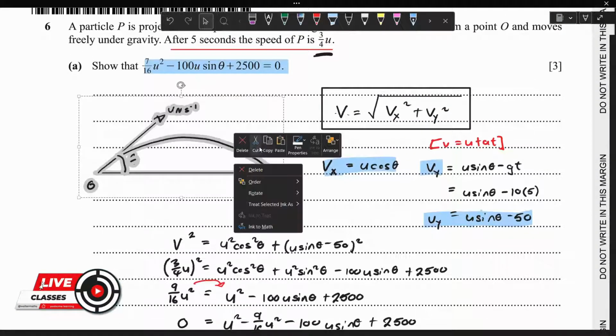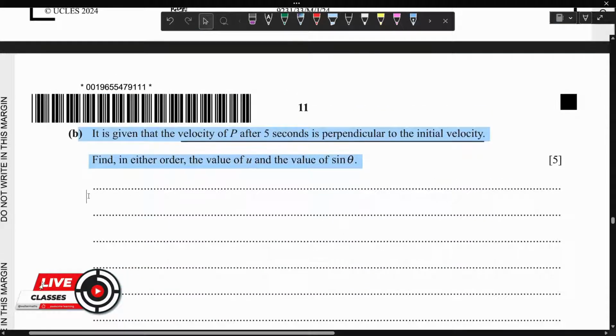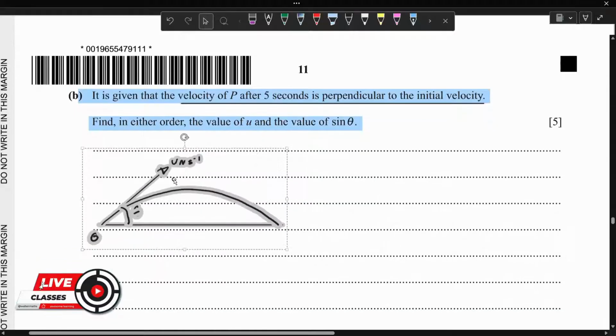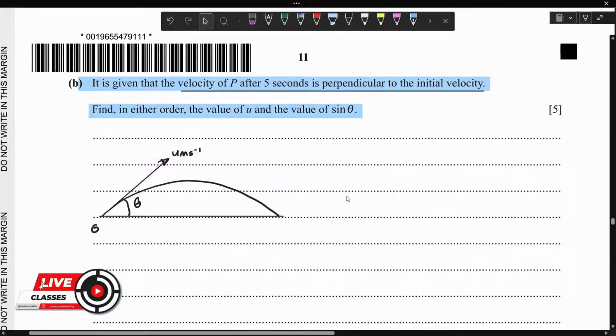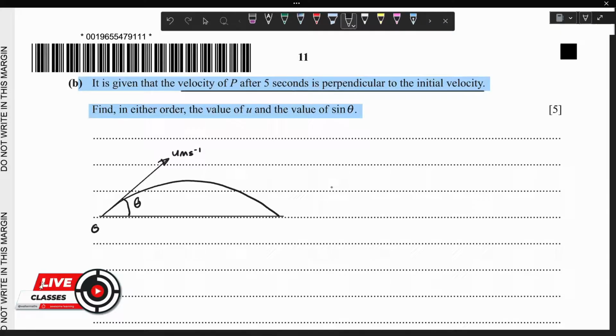So I'll take the sketch here and place it right here. Now the direction of the velocity after 5 seconds. Maybe the particle was here, just as an example for illustration purposes. So let's say it was here after 5 seconds, which means its direction was going this way.